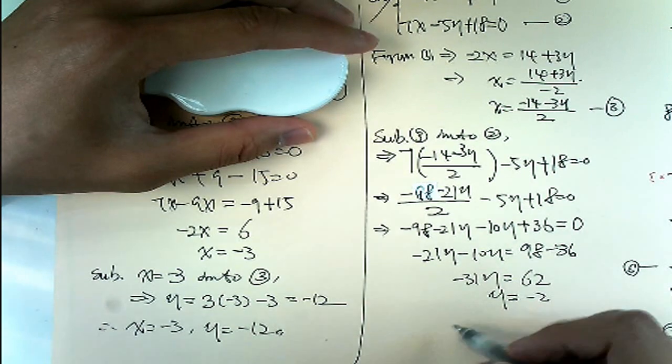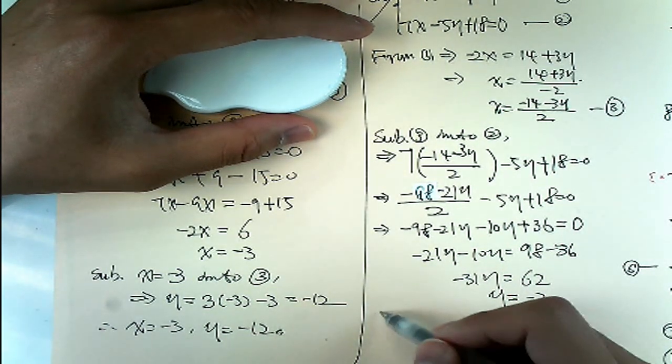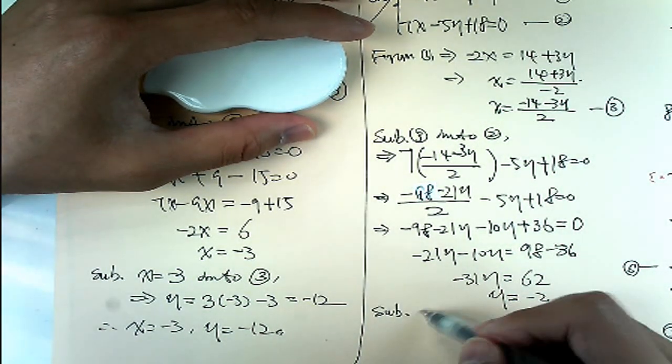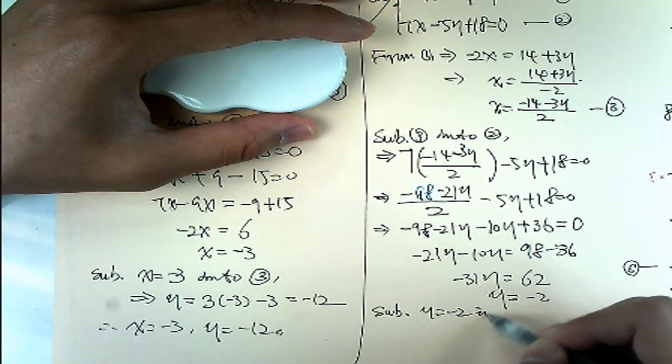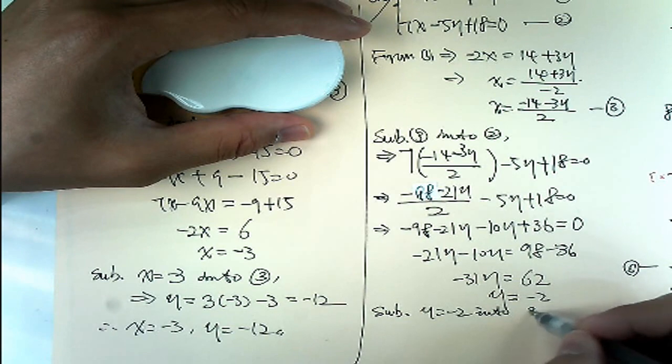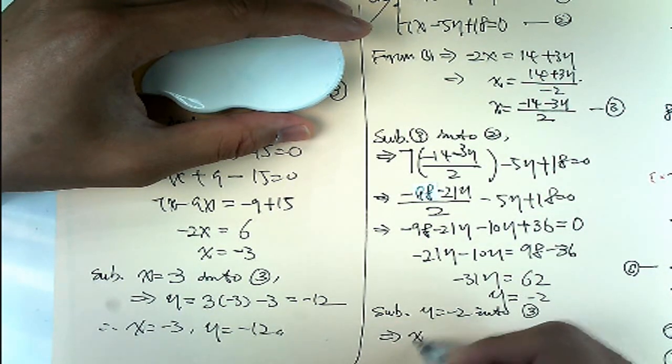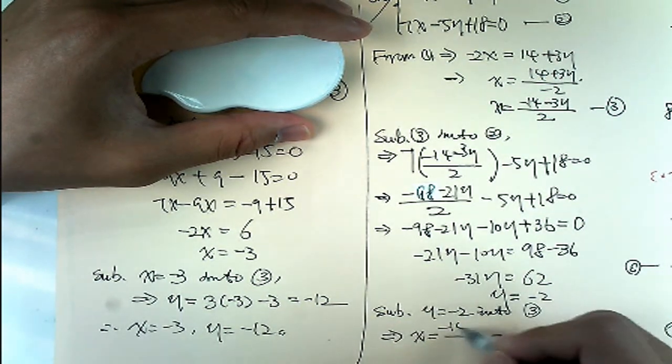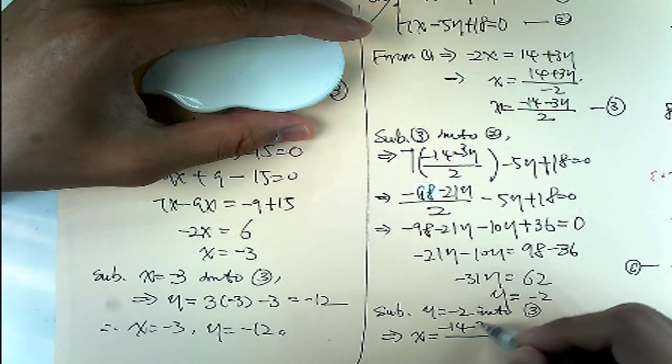Understand? Next you have to find out x. So you sub y equal to minus 2 into which one will give you x directly? Should be 3, right? So you have x equal to minus 14 minus 3 times minus 2, give a bracket.